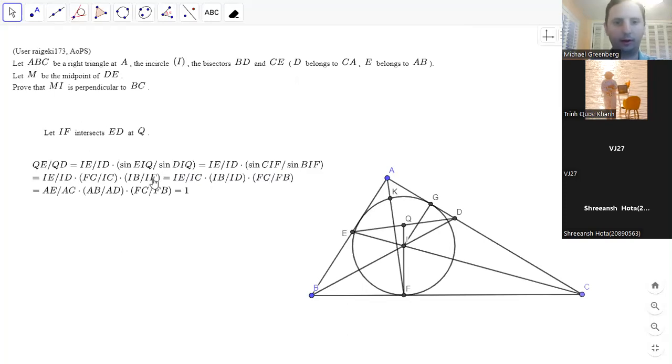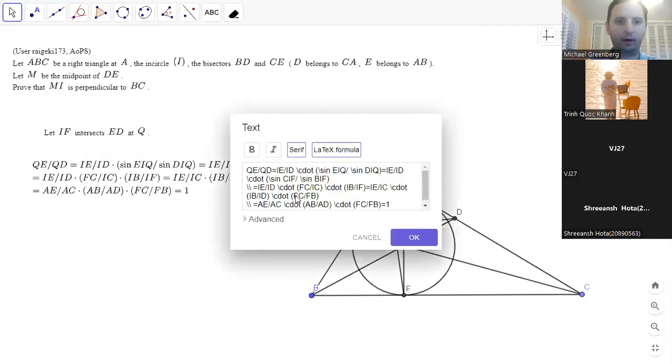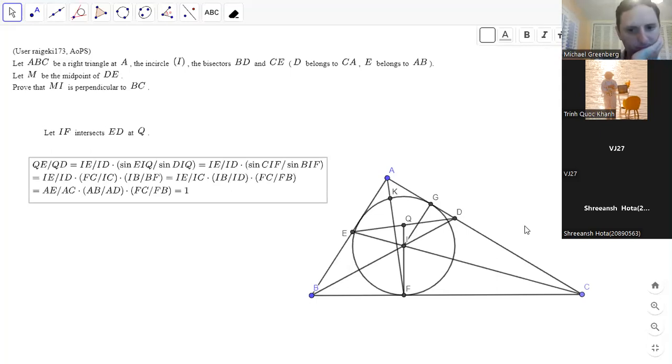Oh no, I think this should be, let's see, sine BIF. Okay, this should be BF, IB over BF. And then this is just rearranging stuff. And then IE over IC is AE over AC. And then IB over ID is AB over AD. And then this we stay the same.